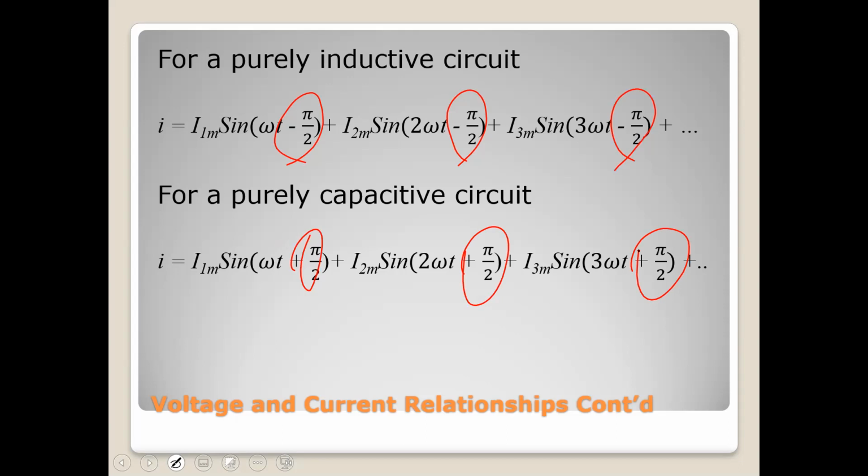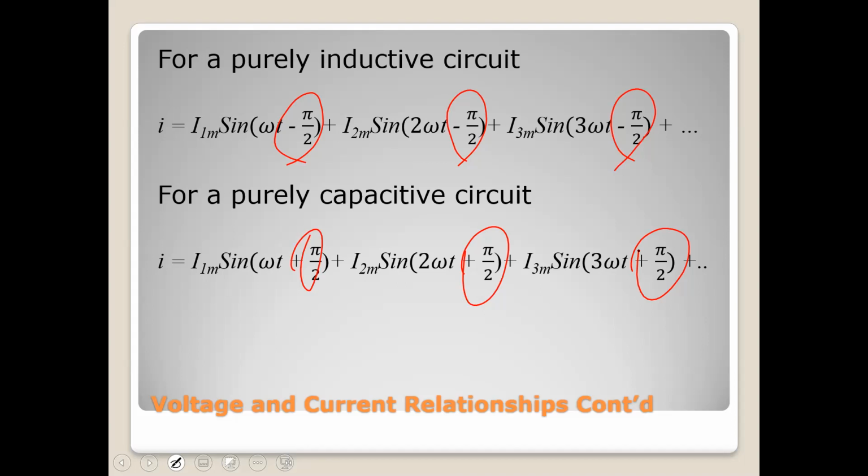So if I have a combination of elements, whether an inductor and resistor, capacitor and resistor, or all three, I will have to find the individual phase angles. With an inductor, I know it's 90 degrees or pi over 2. With a capacitor, again, I know it's 90 degrees or pi over 2. With a resistor, I know it is 0.